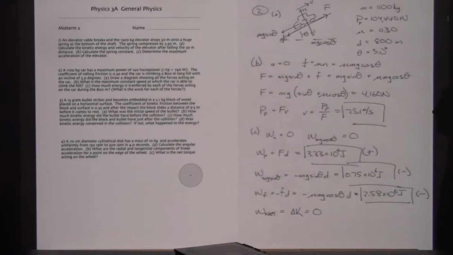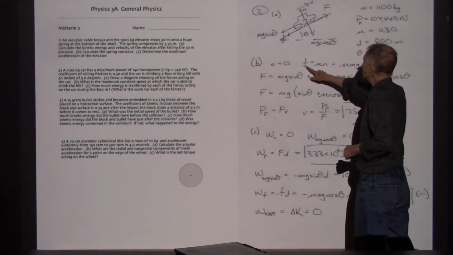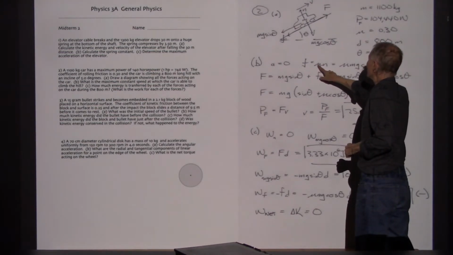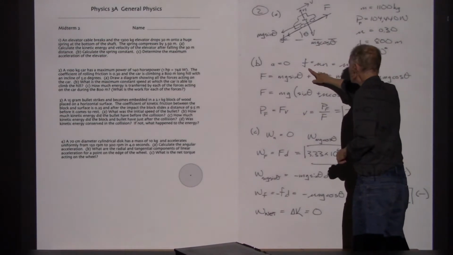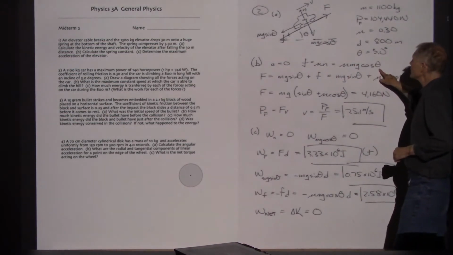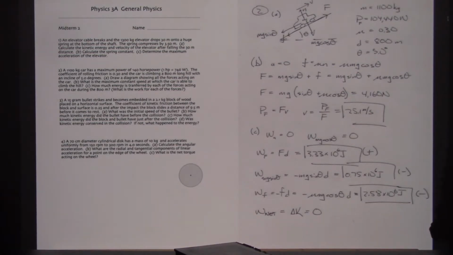Whenever they say there's a coefficient of friction, the intention is for us to take the frictional force and represent it as a coefficient times the normal force. So I'm going to use that same approach and say that the frictional force is mu times n.